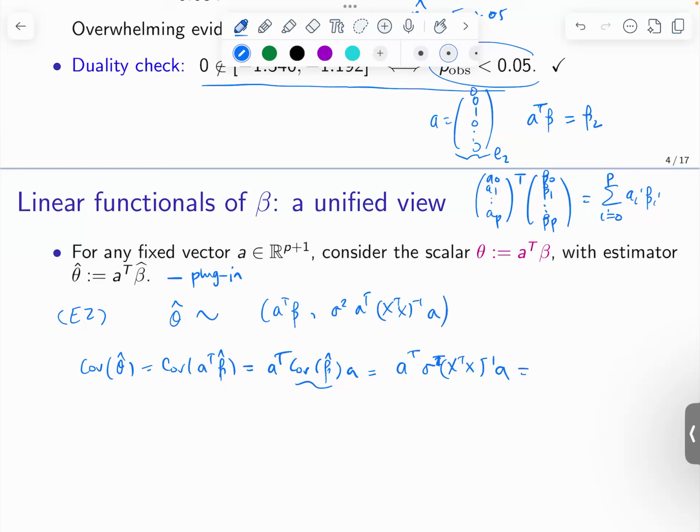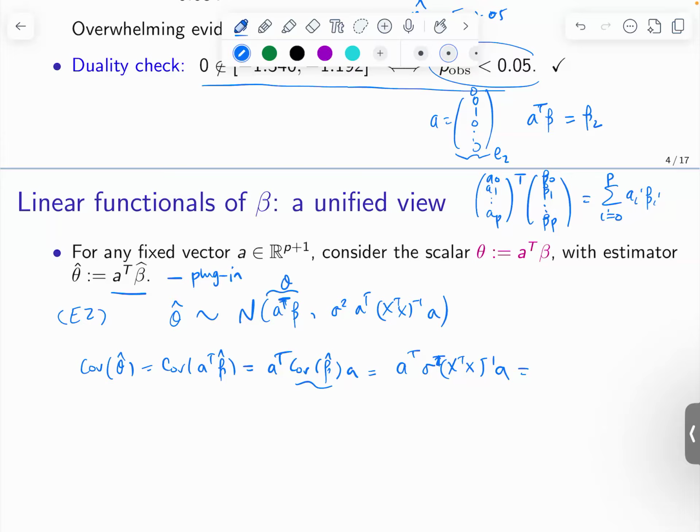So what is the actual distribution? Normal. Why is it normal? It's a linear combination. Yes, it's a linear transform of a normal. Beta hat is already normal, we saw, and so this is just a linear transformation. And this is theta.